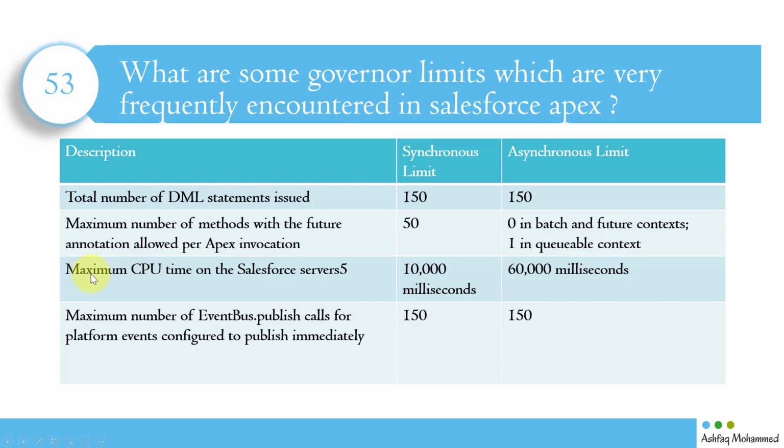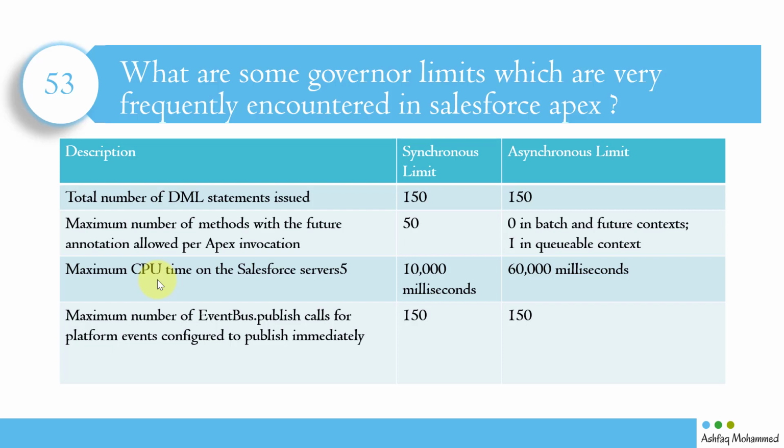So maximum CPU time on Salesforce servers. This is also one of the governor limits very frequently hit in real time. And the time for synchronous is 10,000 milliseconds, right? Sometimes we write very complex code. I'll tell you a real time example where I have seen this hit a lot. We will be building an Excel sheet by writing Salesforce code.